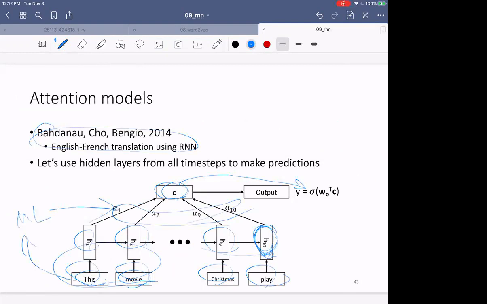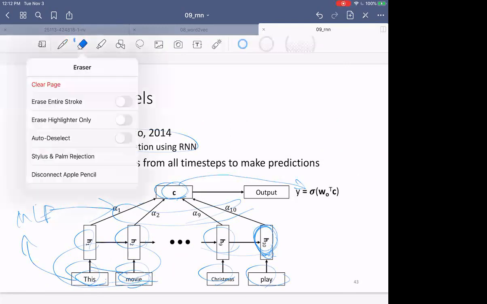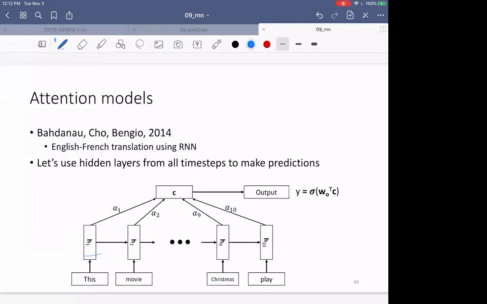I'm sorry, I'm just going to erase all this. So you take these, which are all given to an MLP, and then it generates alphas. You take those alphas and the hidden layers and derive the C vector, the context vector, and then you make the prediction. And that's it. Pretty simple.